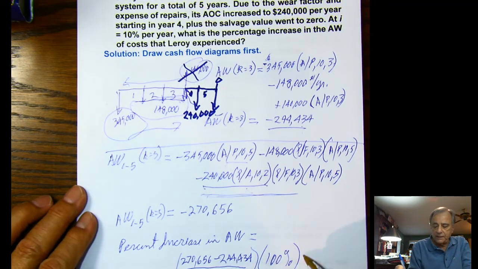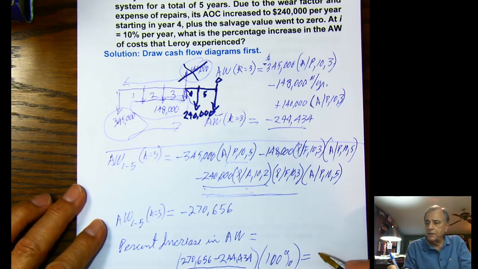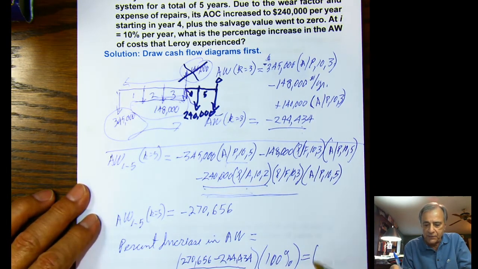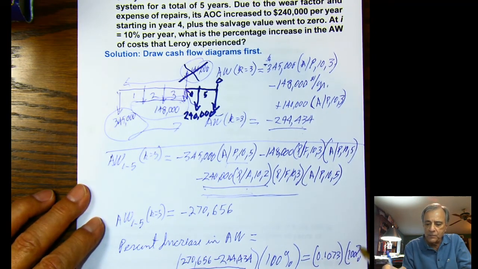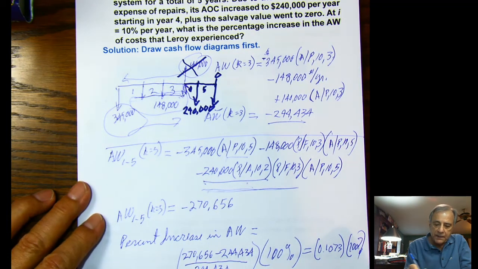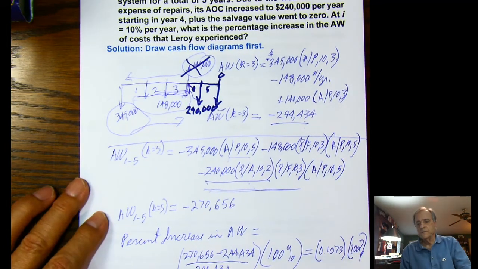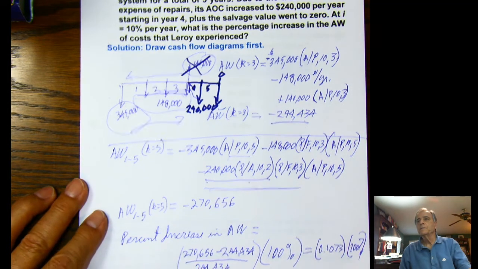If you do that, you end up getting, actually the fraction itself would be 0.1073, and then when you multiply it times 100%, you'll get that equal to 10.7%. 10.73, I guess, percent if you want to carry the decimal place there.